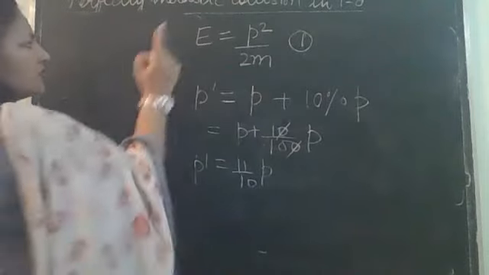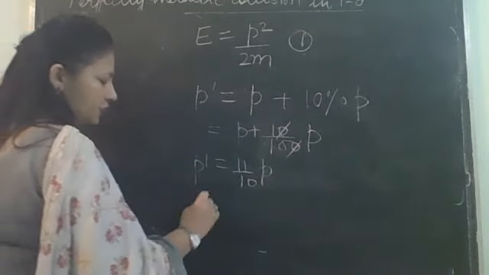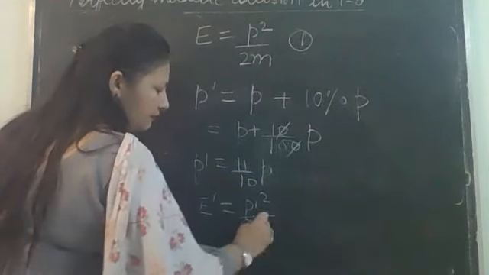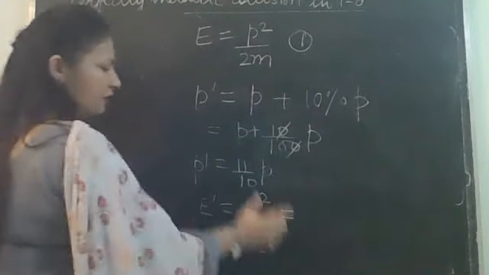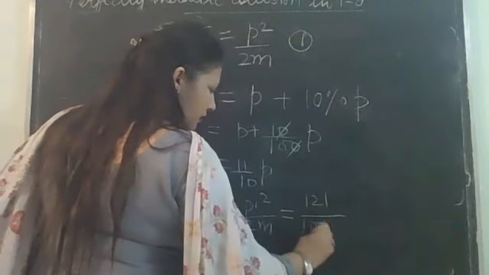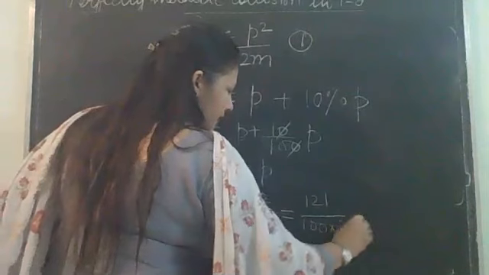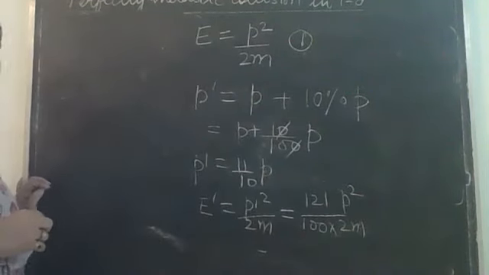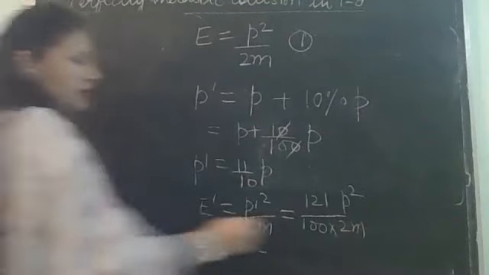So using this formula, let us find E dash. E dash will be P dash square over 2m. Put this value of P dash square here: 121 by 100 into P square over 2m. Don't multiply with 2m because we will keep it separate.